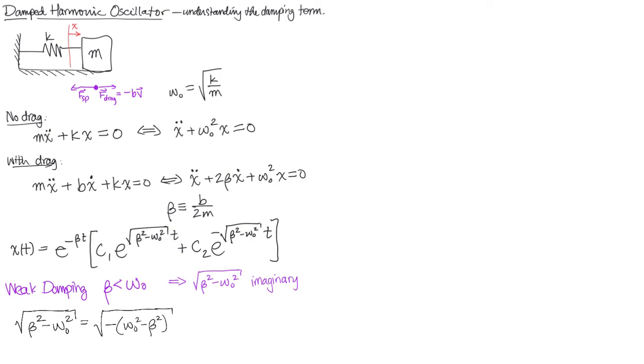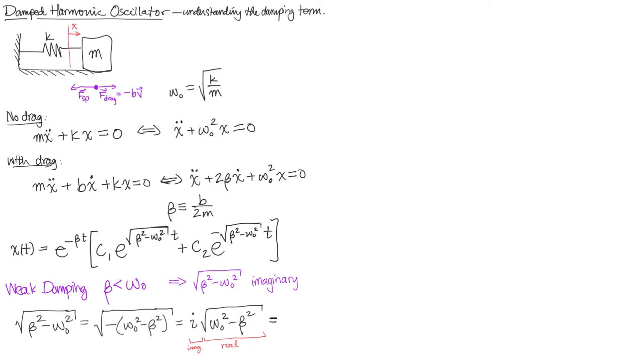Now the term in parentheses is positive. The square root of minus 1 is i, and then inside the square root we have a positive quantity. So this square root term is real, and it's multiplying an imaginary term. So we're going to have these complex exponentials in our position versus time expression.